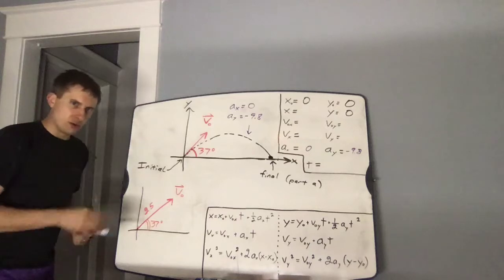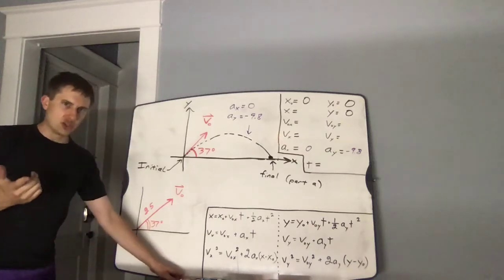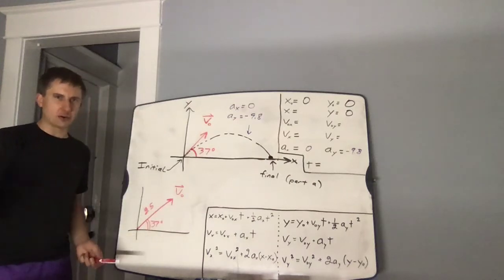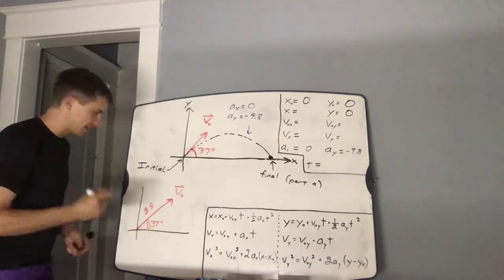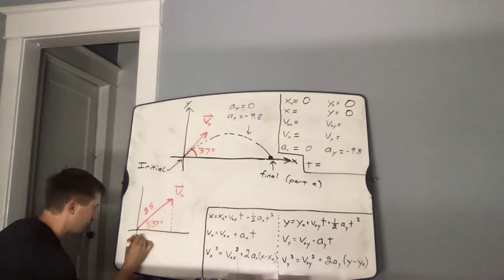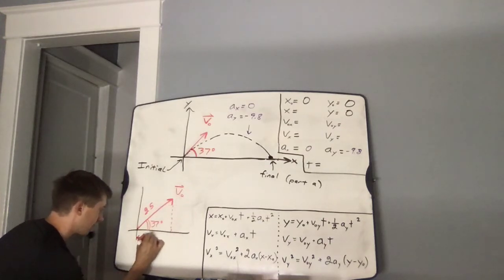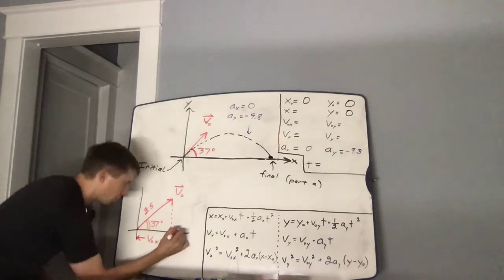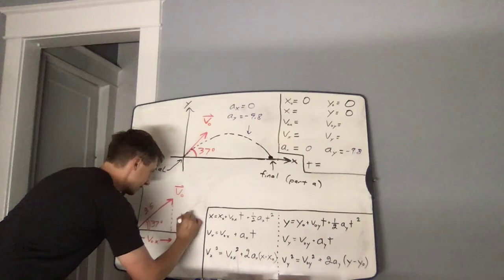From what we learned on breaking a vector into its components, v initial will have a horizontal component and a vertical component. I call the horizontal component v initial x, and I call the vertical component v initial y.